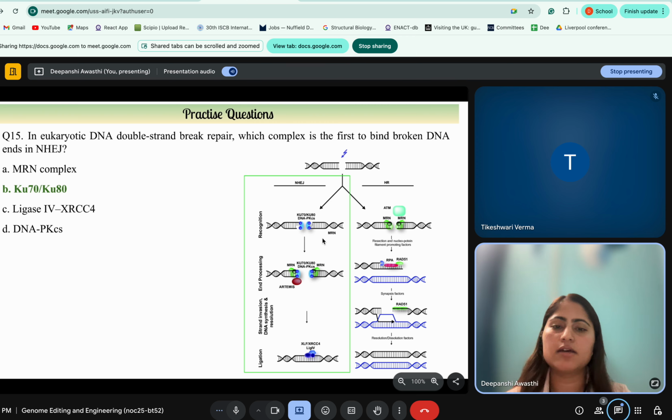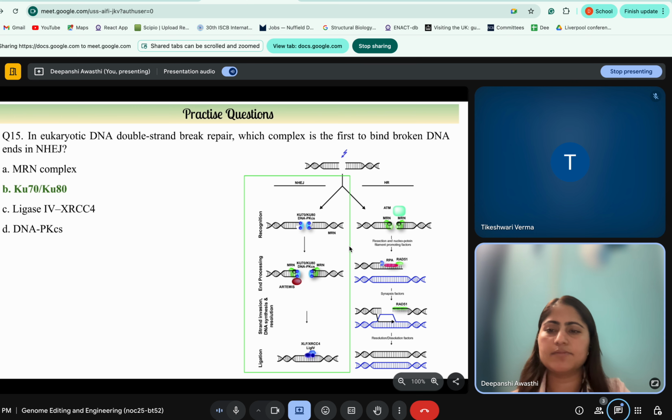Yes, you are right, because we have discussed that in non-homologous end joining, the protein complex which recognizes the double strand break is Ku70/80. MRN is in homologous recombination. Ligase 4-XRCC4 is involved during the ligation process, and DNA-PKcs comes after Ku70/80 to phosphorylate the site and further bring other proteins which will further bind and perform the degradation.